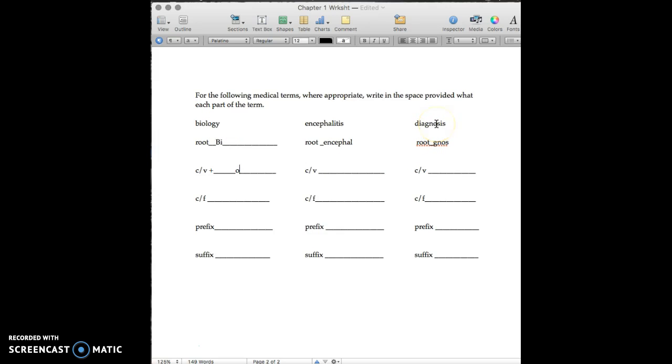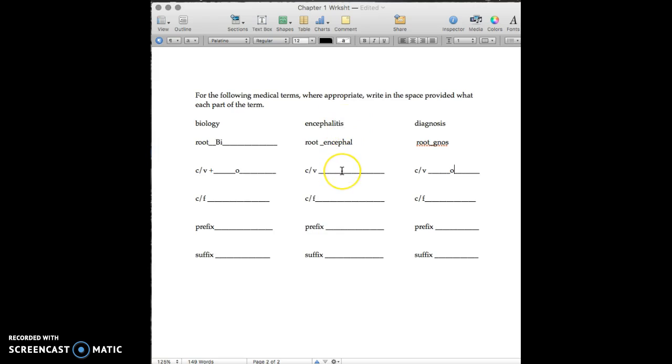Diagnoso, okay? This is kind of tricky because we have this section in here that could be misconstrued, but you can also use that O as a combining vowel there. But remember, on page 4 of your text, it talks about what you do when you have a vowel that starts the end or the suffix of the word.